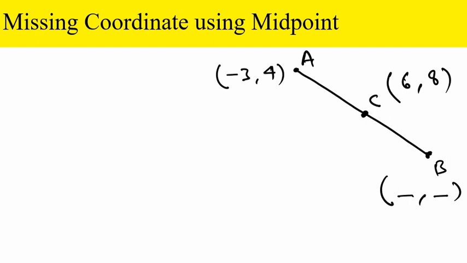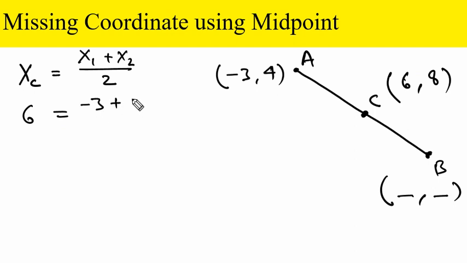Okay, let's continue from here. The x coordinate for point C will be x1 plus x2 over 2. This point is given, so xc will be 6, x1 is -3 plus x2, which we don't know, over 2, right? Let's say this is x2 comma y2.